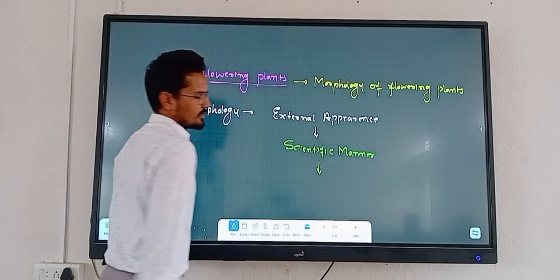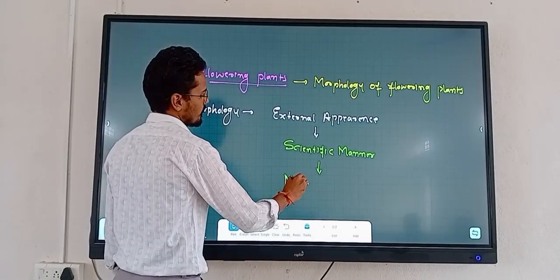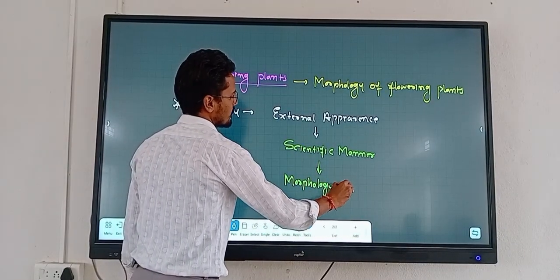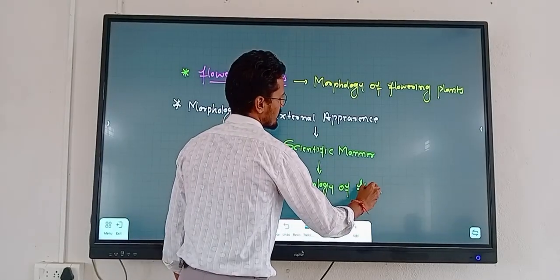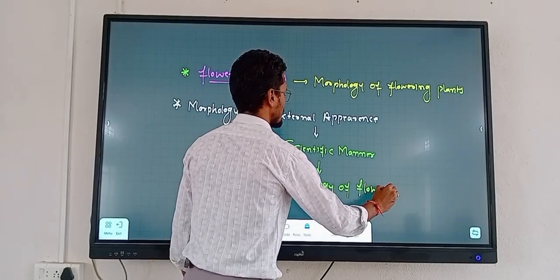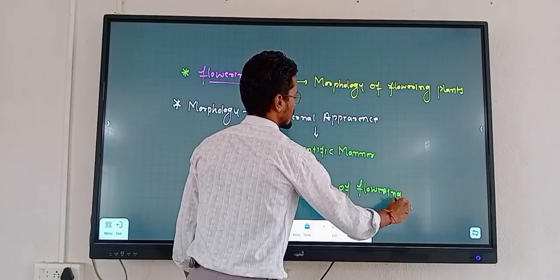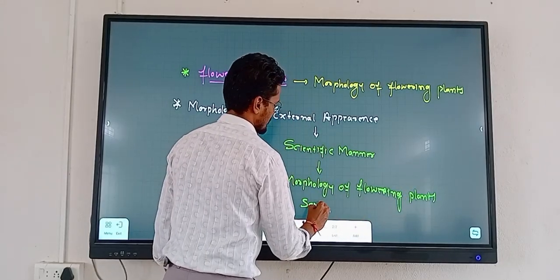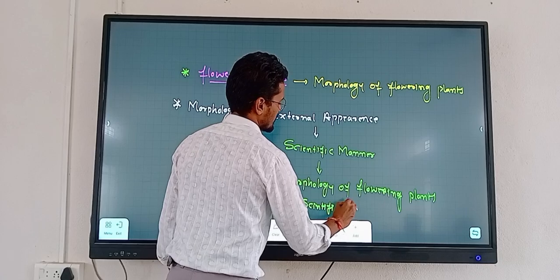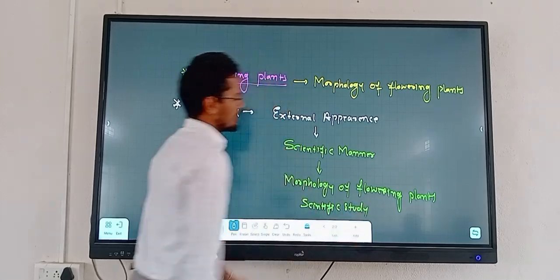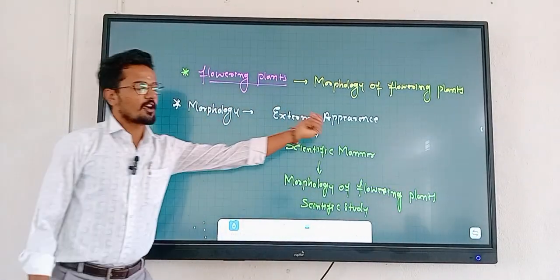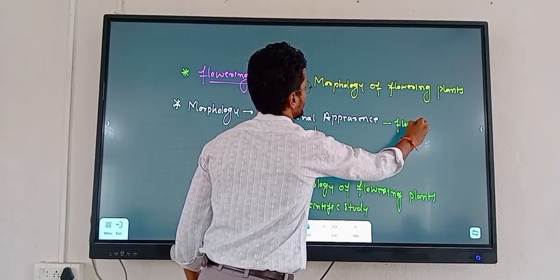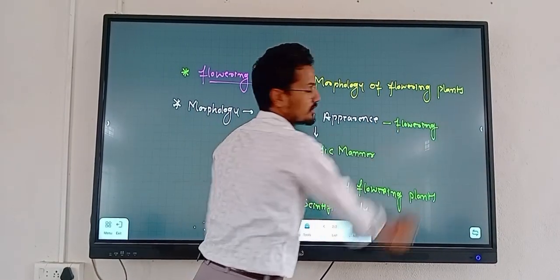That is called the morphology of flowering plants.